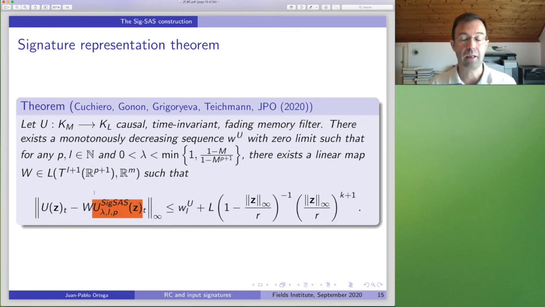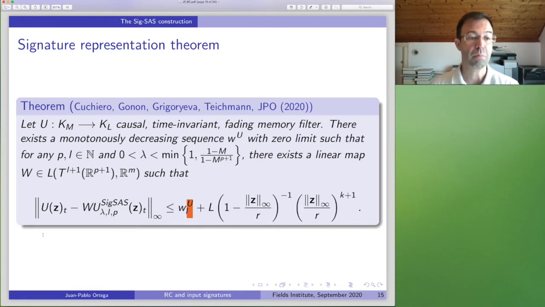There is nothing in the SSS construction that talks to the U. The only way in which the SSS state representation talks to the U is through the quality of the approximation, right? So this sequence that gives you the error depends on the U. But in any case, this is to tell you that we achieved the strong universality that we wanted.